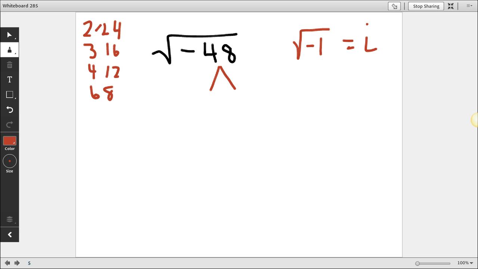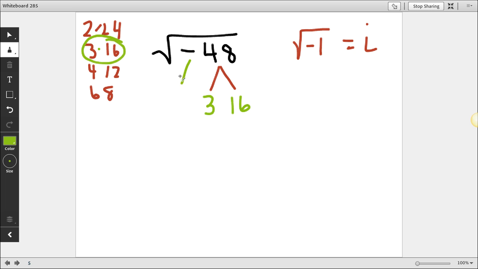I want to pick the one that has the biggest perfect square factor. That's 3 times 16. The square root of 16 is 4. So that's what I'm going to use. I'm going to use those two values.